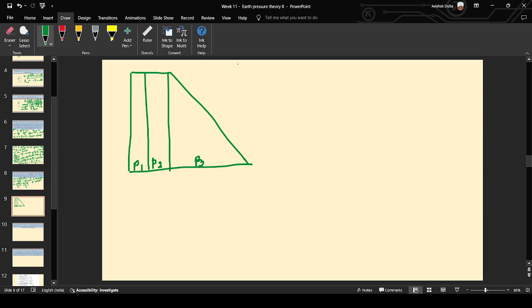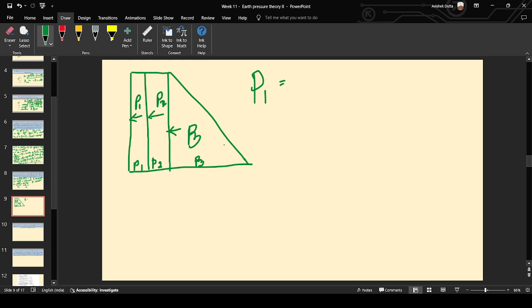Now the total force. P1, then P2, then P3, a bit below because it is a triangle. P1 will be how much? Base length into breadth for the rectangle, so it is 4 into P1.